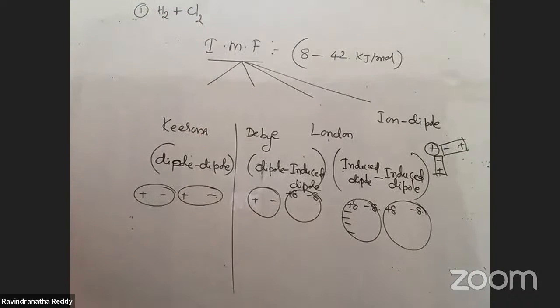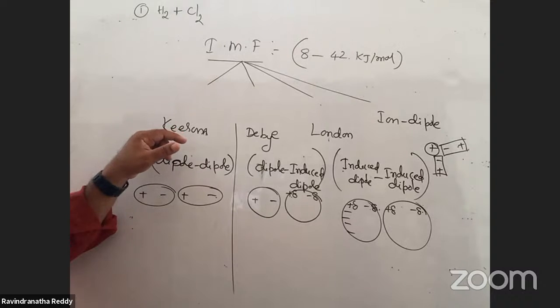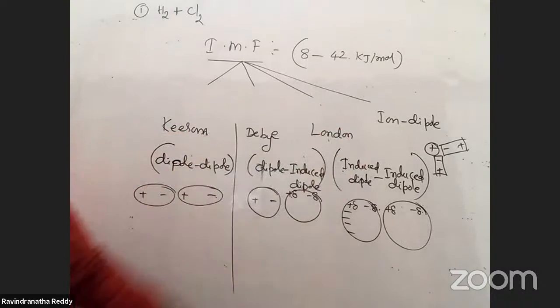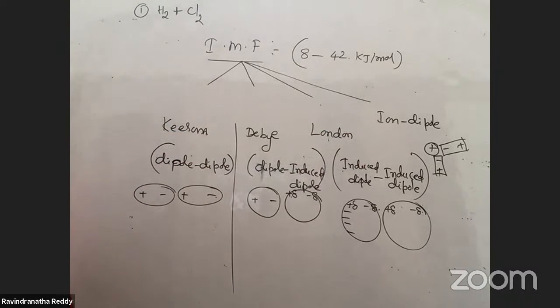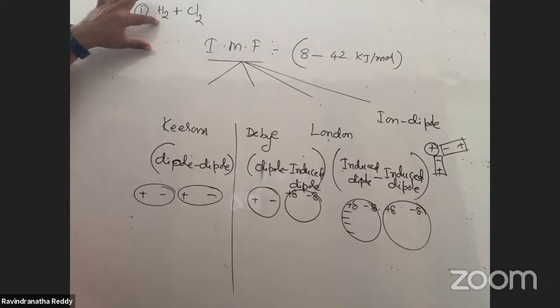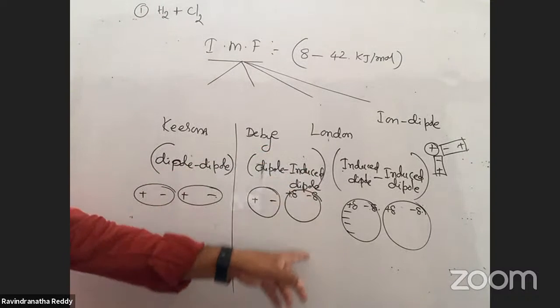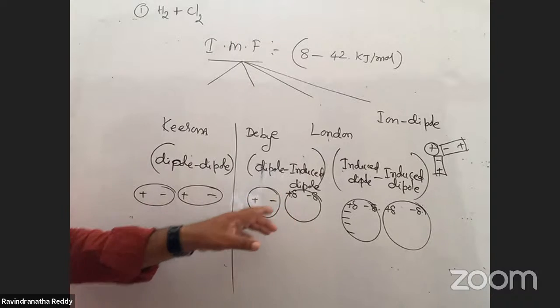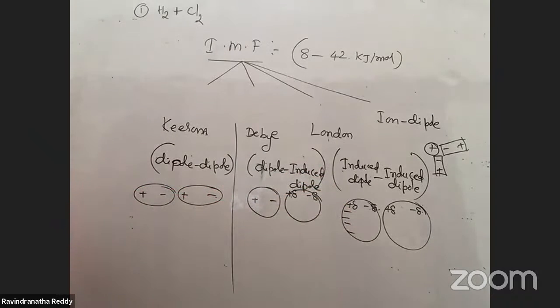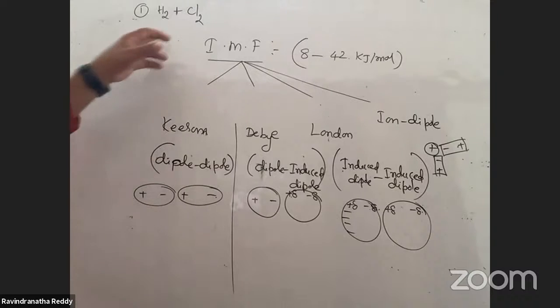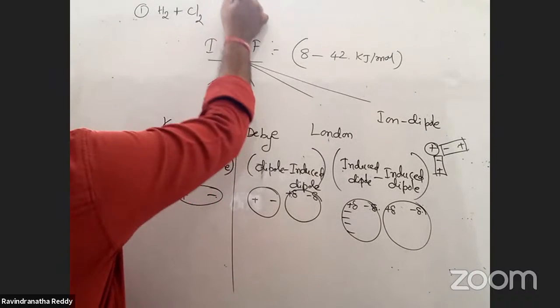What kind of interactions are possible among these four? Hydrogen has no polarity, no dipole. Chlorine has no dipole. So at the time of interaction, it is the induced dipole interaction. That is London. Hydrogen, chlorine, induced dipole.